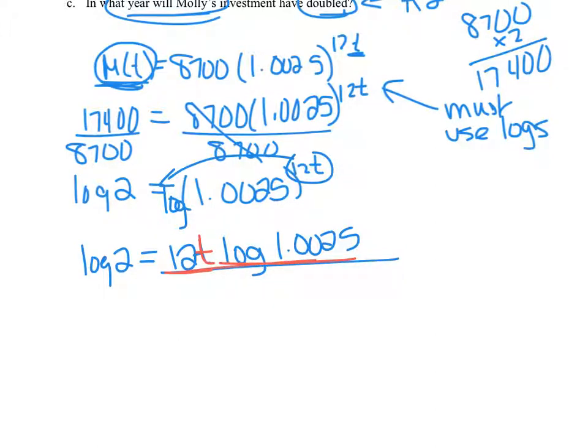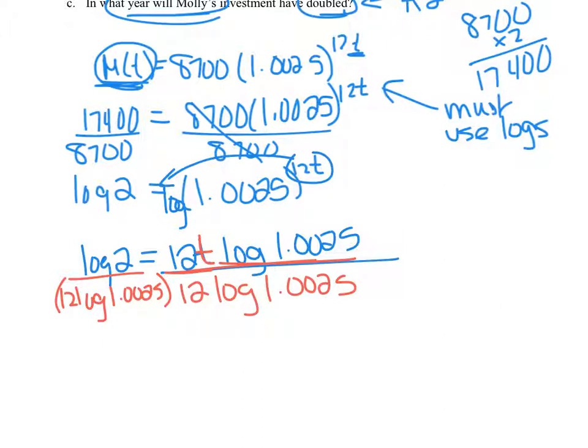You can do it one at a time, or you can do it all together. But remember, if you do it all together, put parentheses around it in your calculator. So doing all that, these cancel out, and we're just left with t. And t is 23.133 years. So it'll take approximately 23 years.